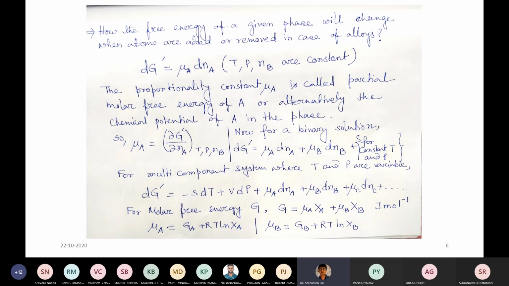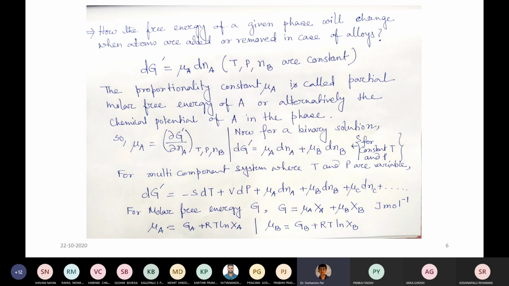The unit of this partial molar free energy is joule per mole. So now we understand there is a good relationship between the chemical potential and the corresponding Gibbs free energy, as well as temperature and the mole fraction of that particular element in an alloy.